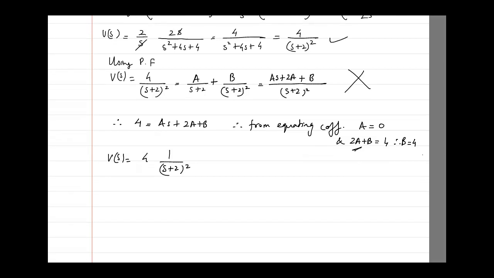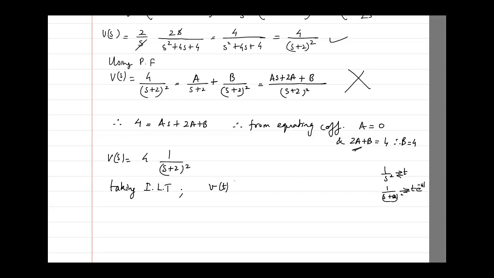Anyway, taking the inverse Laplace transform, I will get v of t. We all know that the inverse of 1 by s square is t, whereas the Laplace inverse of 1 by s plus a the whole square is going to be t e raised to power minus at.